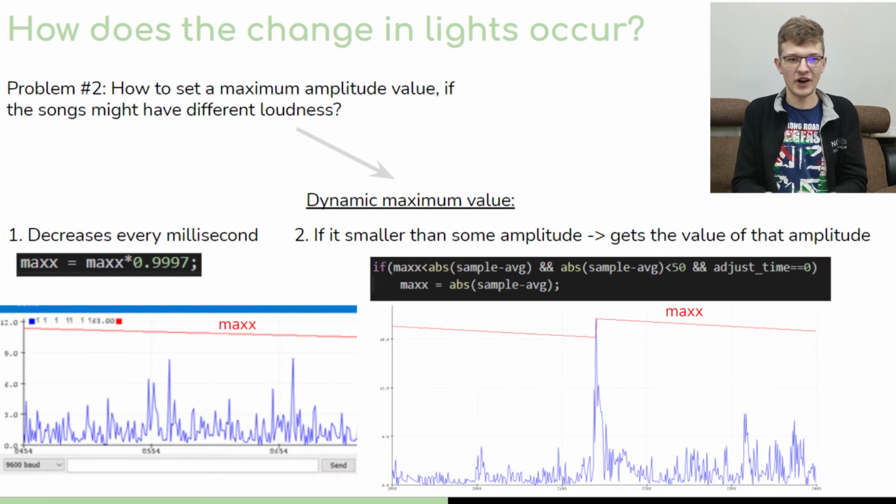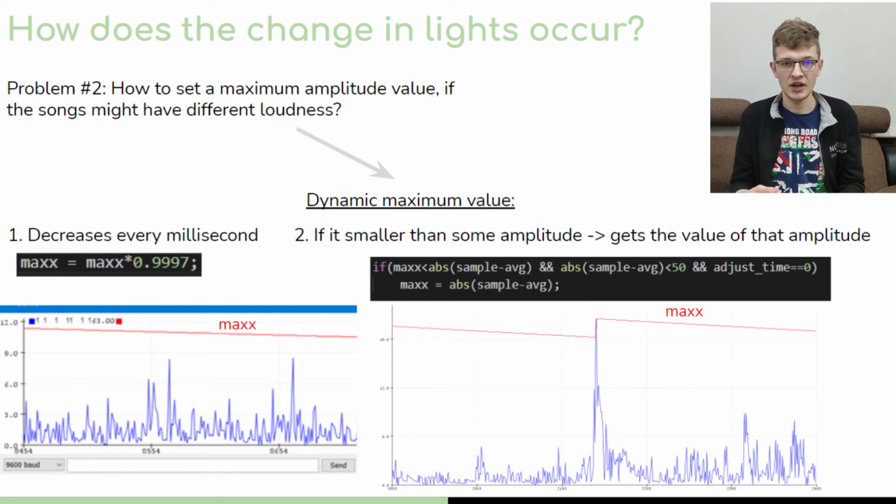So how do we fight the problem of not knowing the maximum? We fight it by decreasing this maximum every second. So there is some initial value, then we decrease it every second. That's one thing that we do.